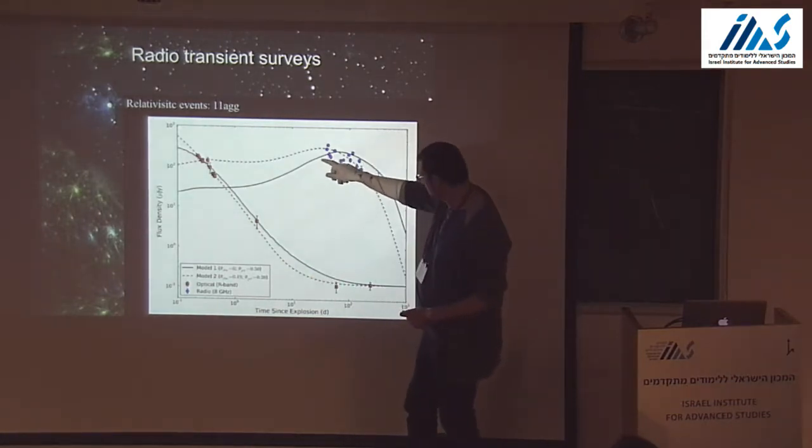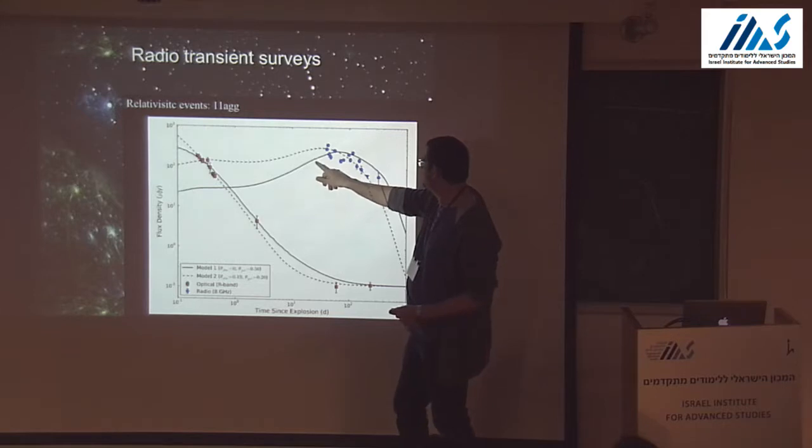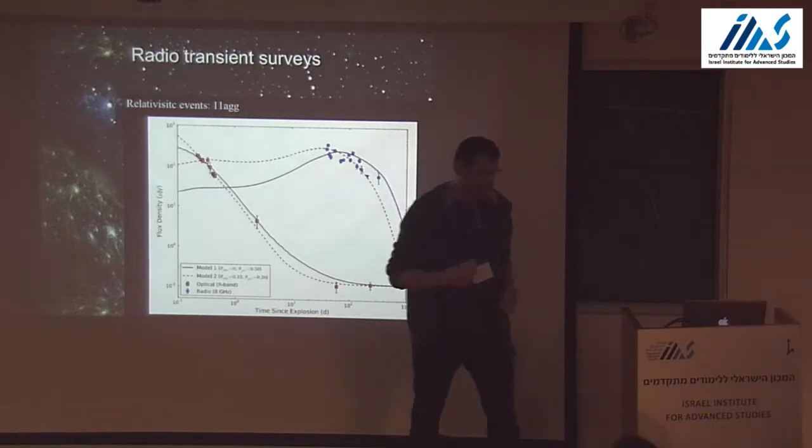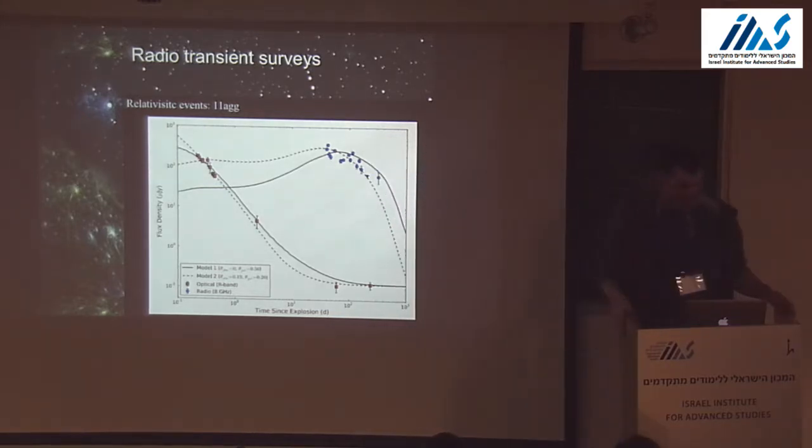And then many, like 100 days later, it has a radio afterglow. So the radio afterglow is one of the reasons we believe that this was indeed a relativistic event similar to a GRB, but without gamma rays, because there are no detections of gamma rays. Okay, so these sources also exist in the radio.